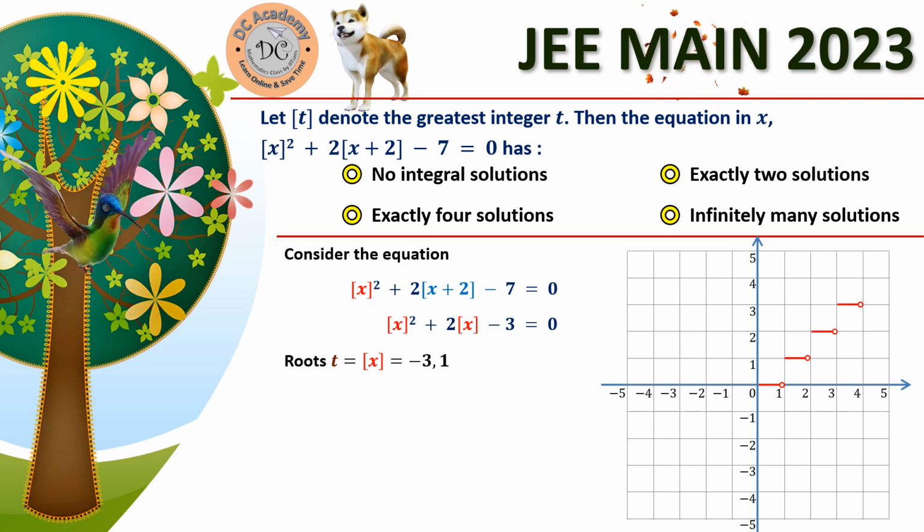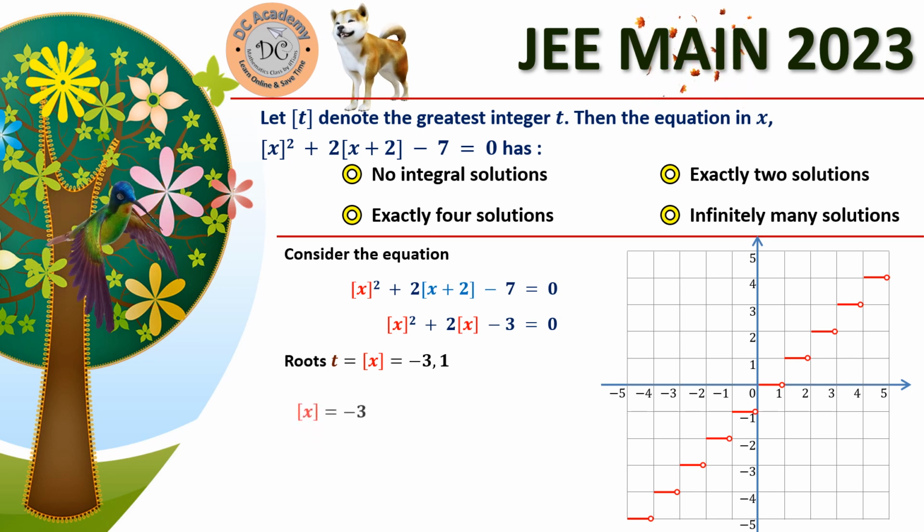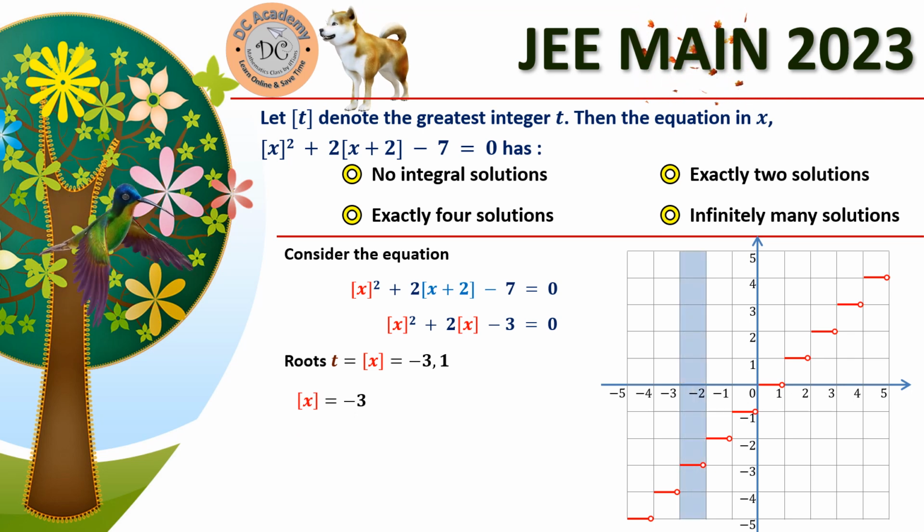If we plot them, in the positive and obviously in the negative axis, we can easily identify that floor of x equal to minus 3 implies that x belongs to minus 3 to minus 2. So minus 3 is a closed interval, and minus 2 is an open interval.